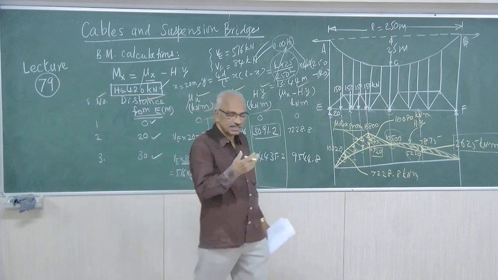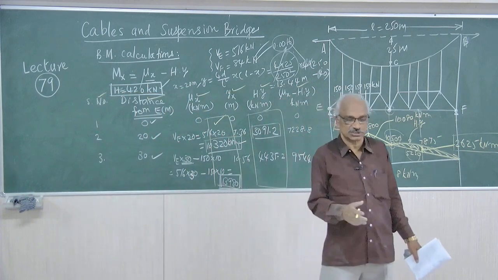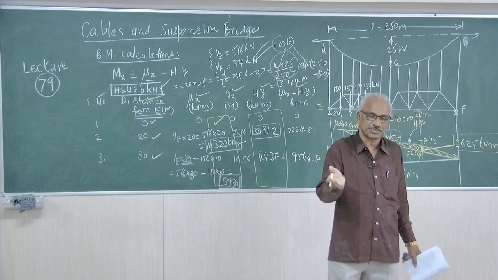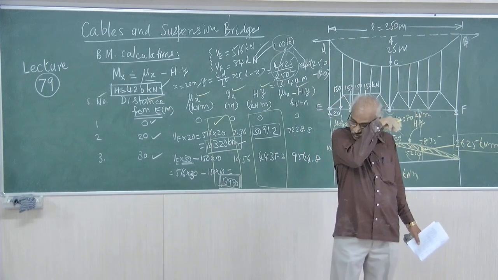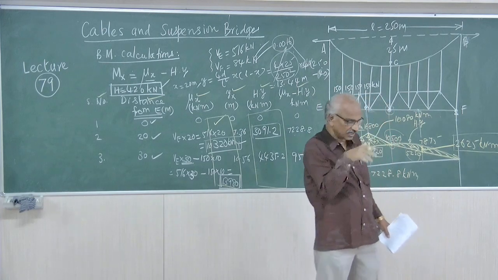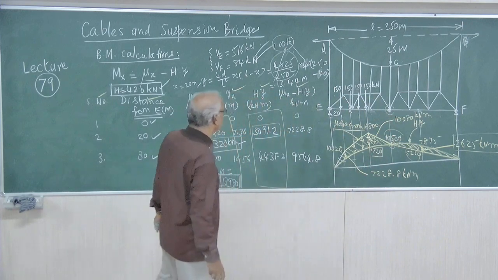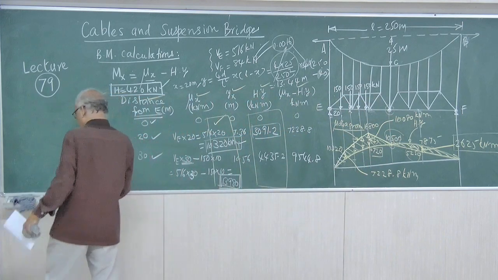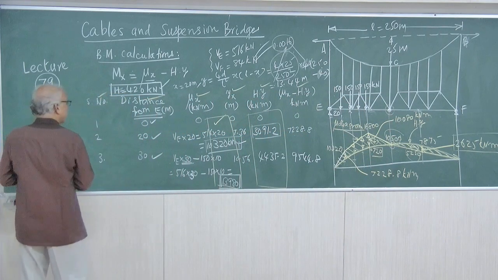Purposely I have taken a problem with a number of loads so that it will be easier for you to do other problems. So, that is how you have to draw the bending moment diagram.